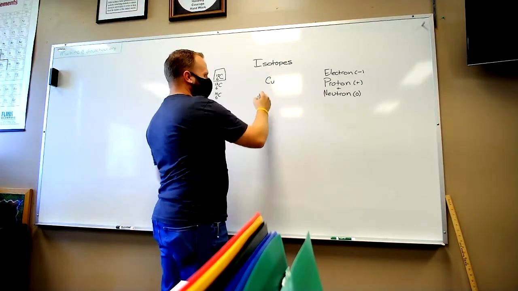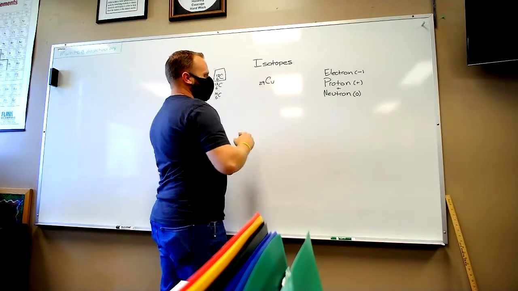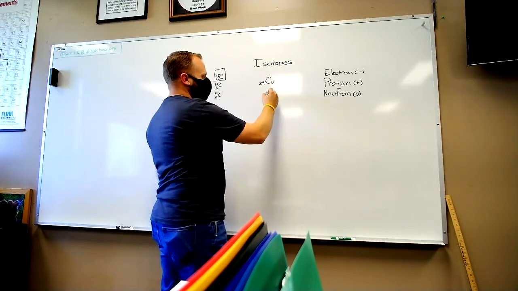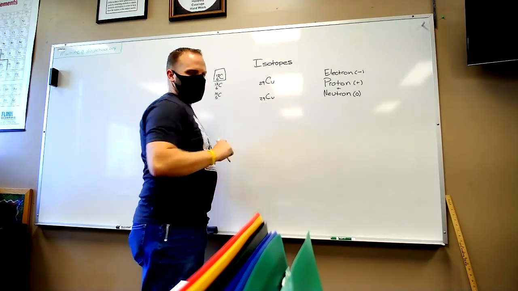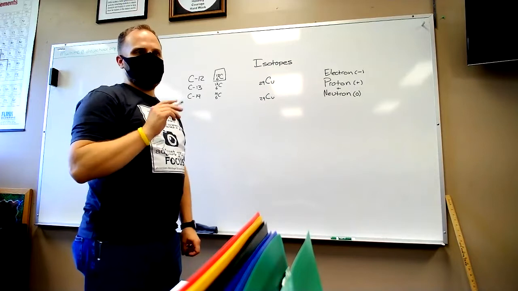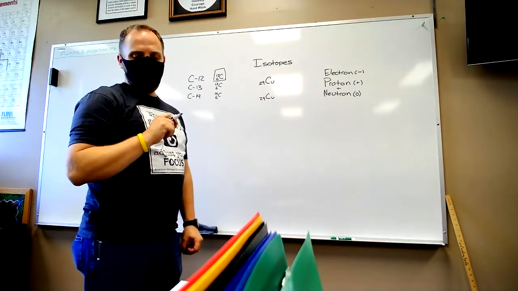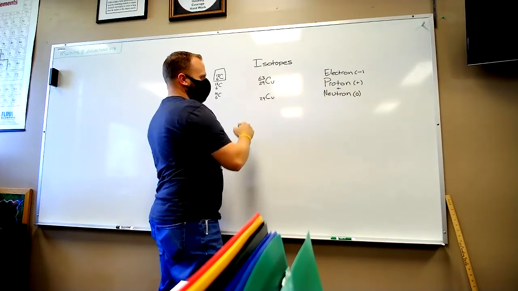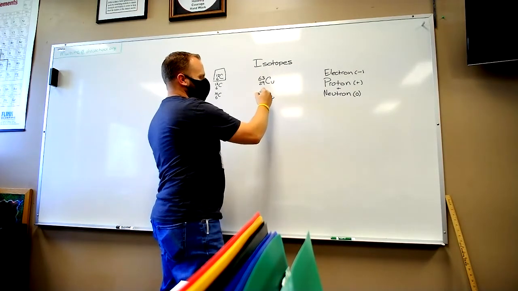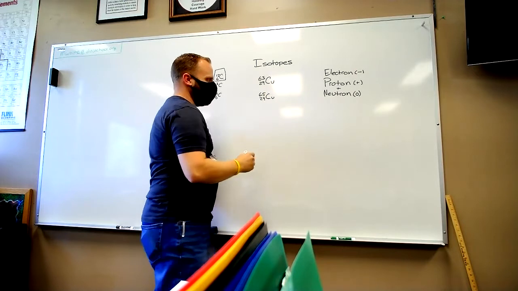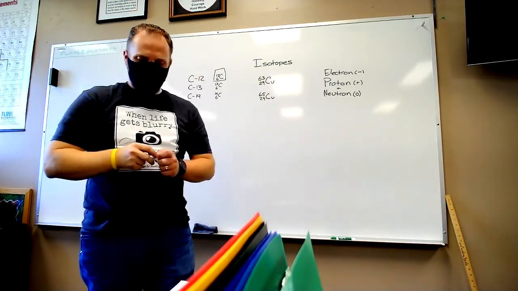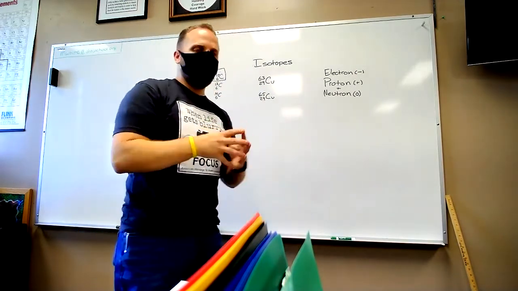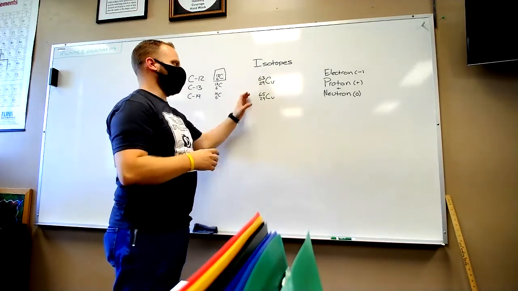Okay? So copper, Cu, the atomic number is 29. So the two isotopes of copper both have 29 protons. But one of them has a mass of 63, and the other has a mass of 65. Now with that information, we can figure out how many neutrons there are.